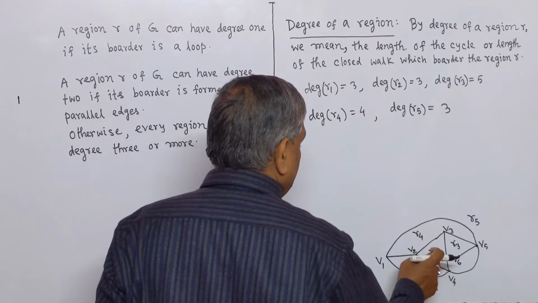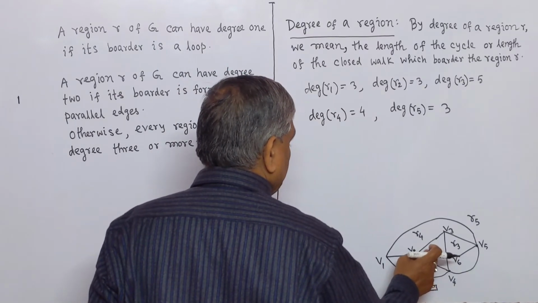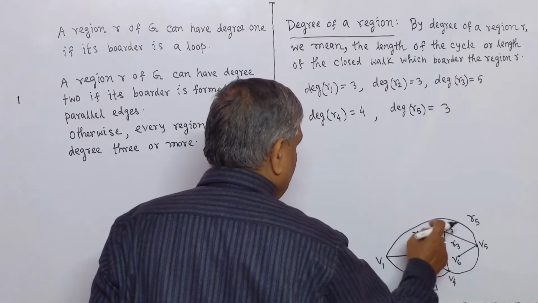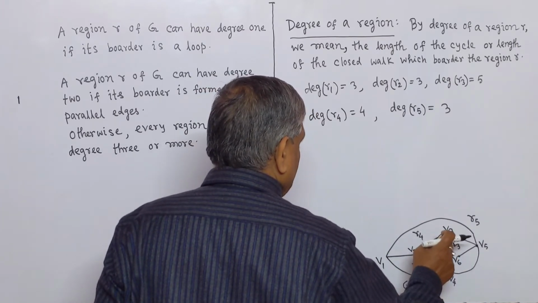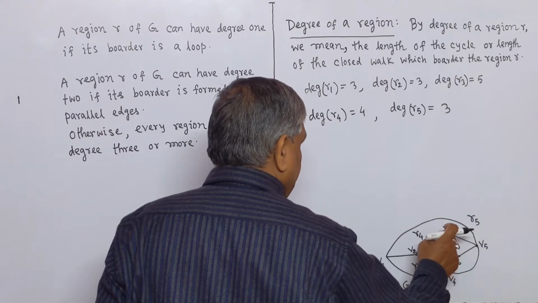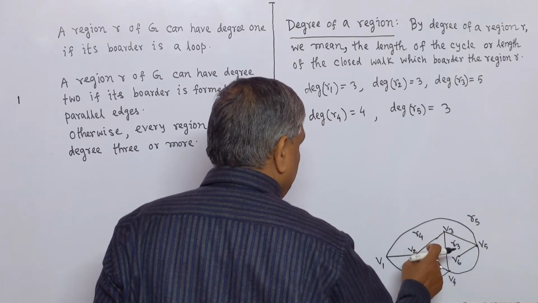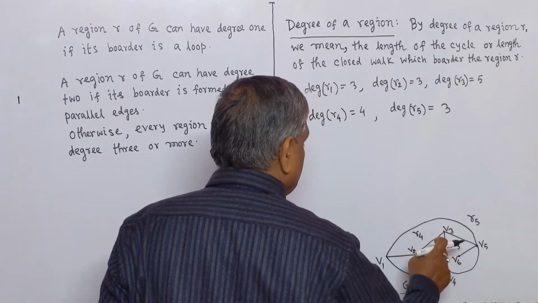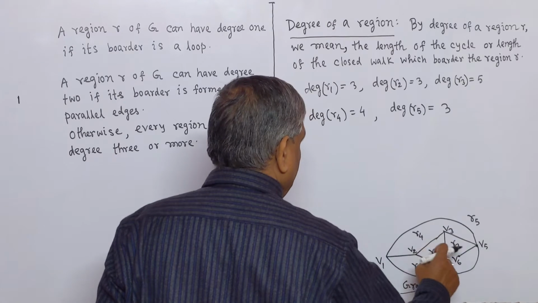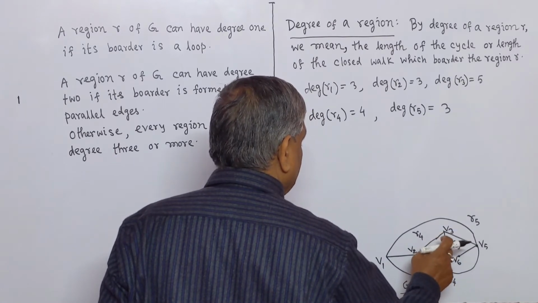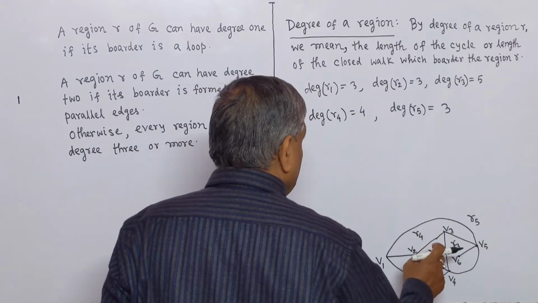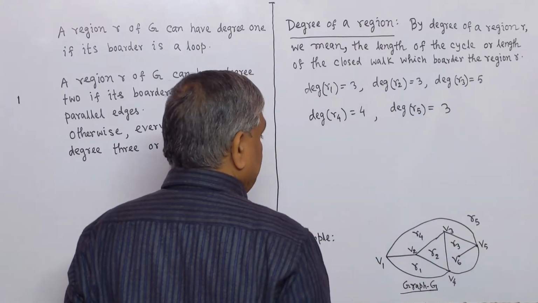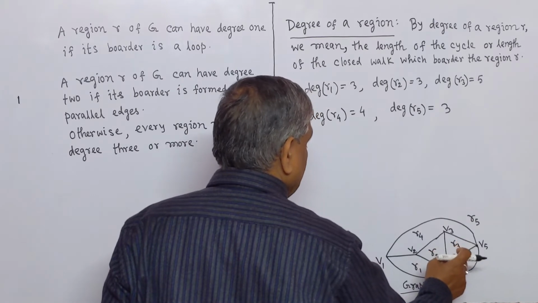Now here the region is R2. The border is a cycle and the edges are V3, V2, V2, V4 and V4, V3. 3 edges border the region R2. So the degree of R2 is 3. Here degree of R3.